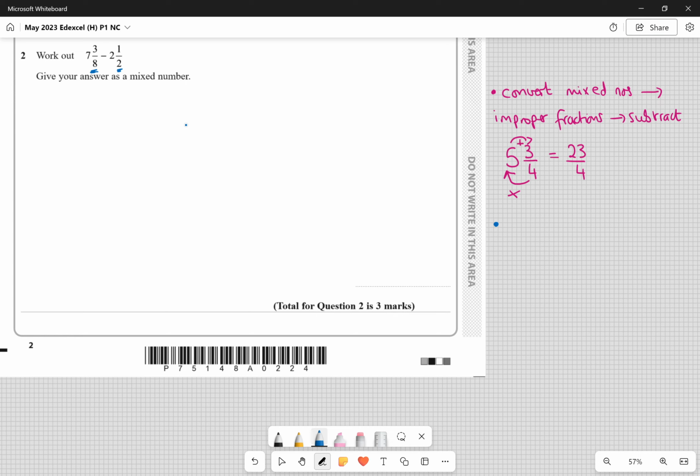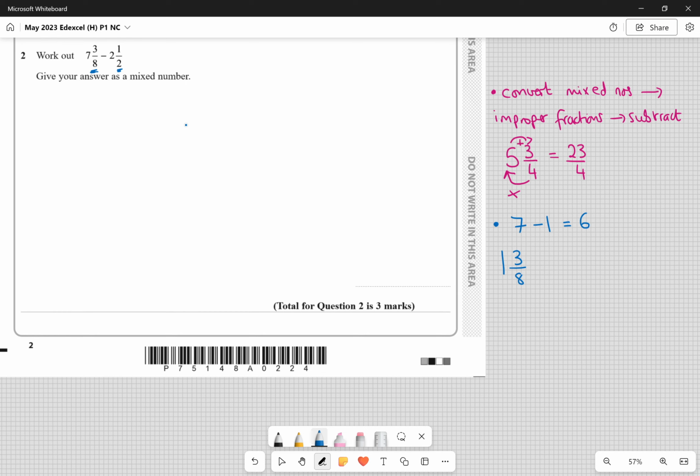So the other way to do it is to assume that the first fraction part is smaller than the second one, and make an allowance for that. The way that you do that is you take 1 from the first whole number, and the 1 that you take away, you put it with the first fraction.